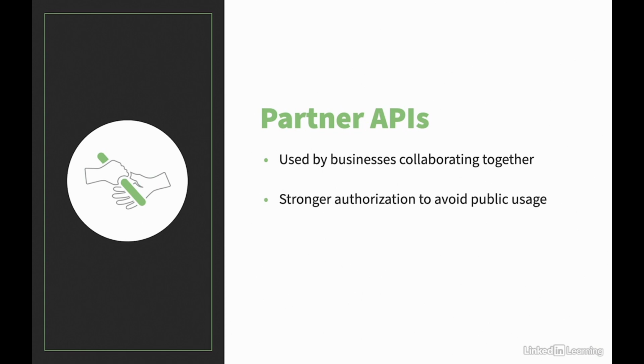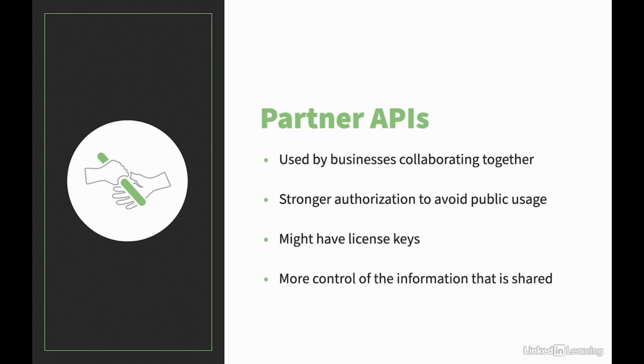They might have license keys as well for more security reasons. The advantage for businesses providing partner APIs is that they can share information only with specific people. This way, they have better control over how this information is used and with whom it is shared.